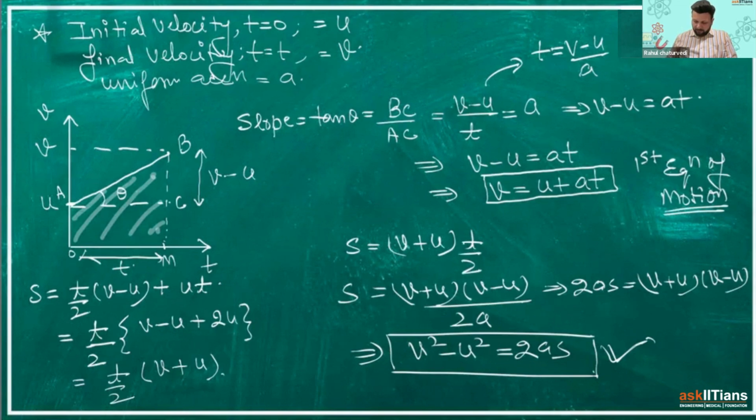And in the same case, if you have to draw the ST graph for uniformly accelerated motion, again we can consider that the initial position is S equal to 0.